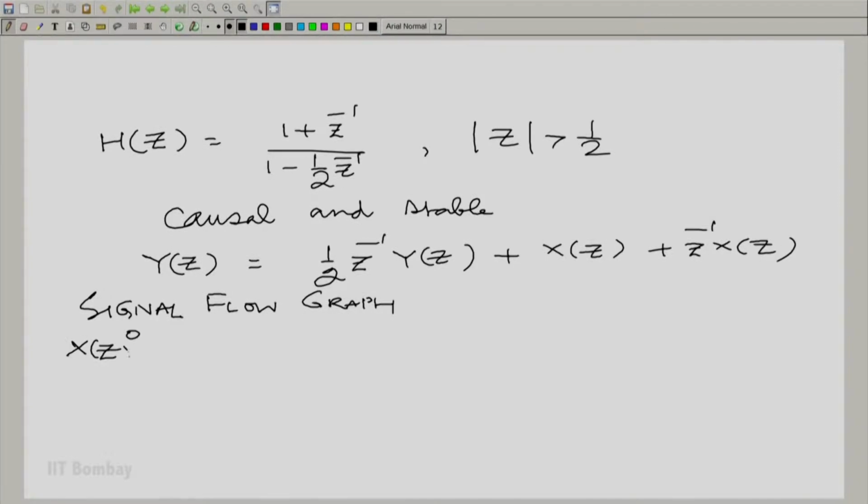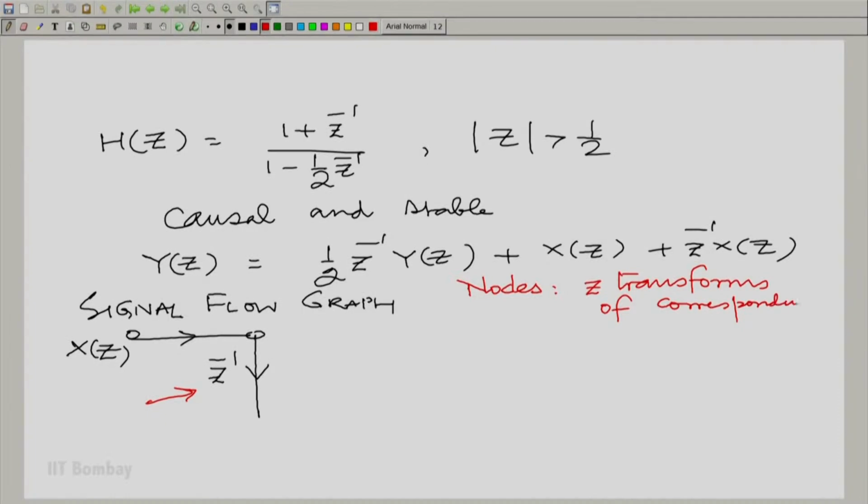So, you have an X of z here, you bring it here as it is, use a multiplier of z inverse. What is the physical meaning of a multiplier of z inverse? Remember, the nodes here are the z transforms of corresponding sequences, and therefore, multiplication by z inverse amounts to delaying by one step.